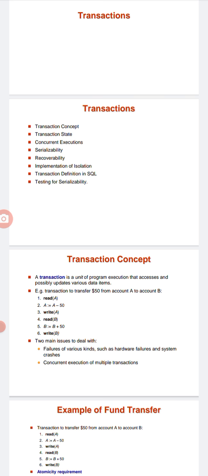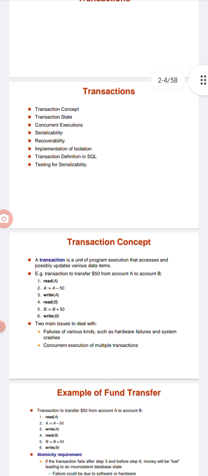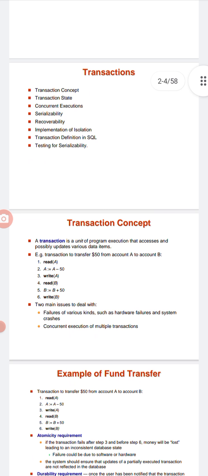Okay, then we are going to look at an example of a transaction. Here is a transaction, a program to transfer $50 from account A to account B. Then what are the different instructions? Read A. Second one is A equals A minus 50.